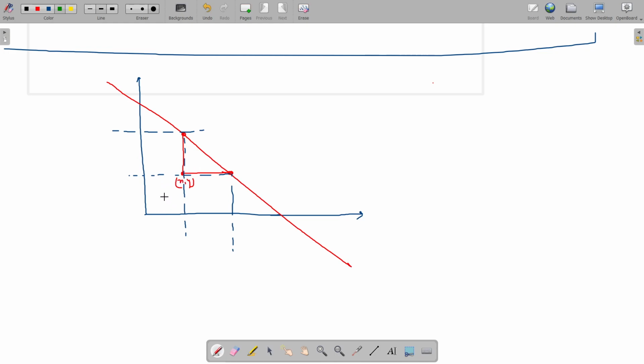Will I pick any other x2 comma y2 for a type 1 operation in this region? The answer is no, because if I pick this element, it will form a very big isosceles triangle which will cover this triangle as well.